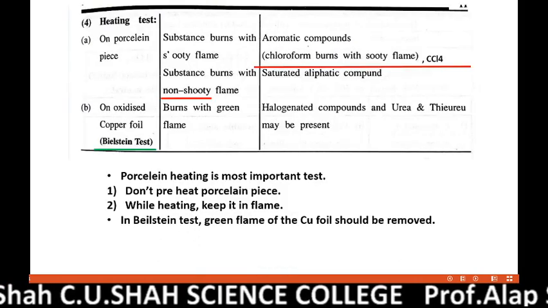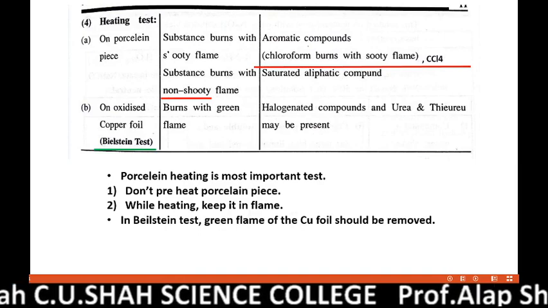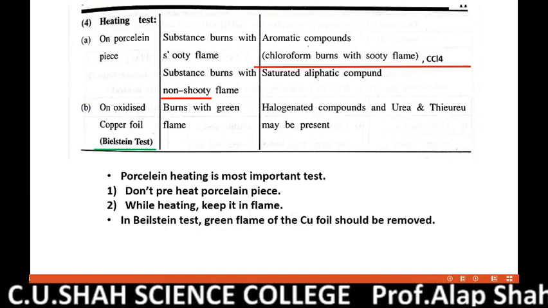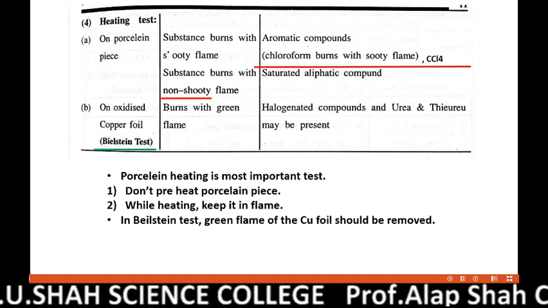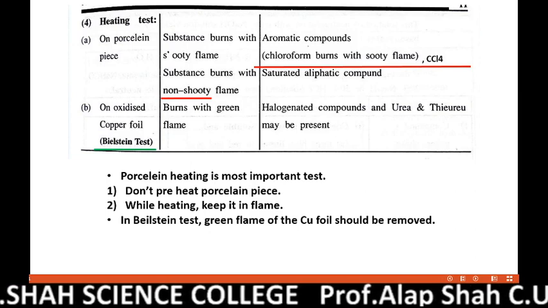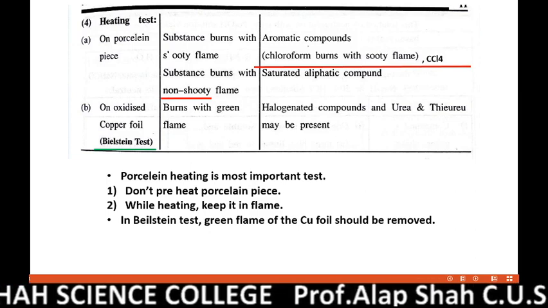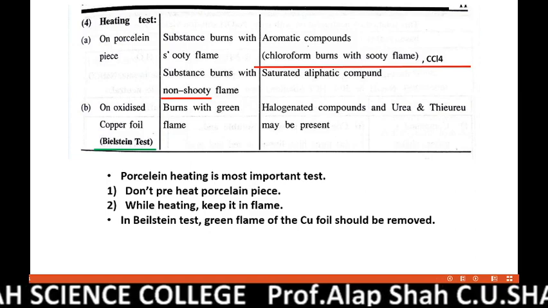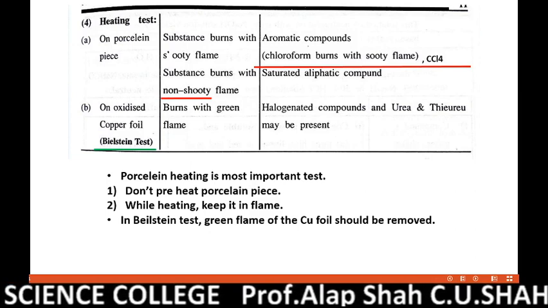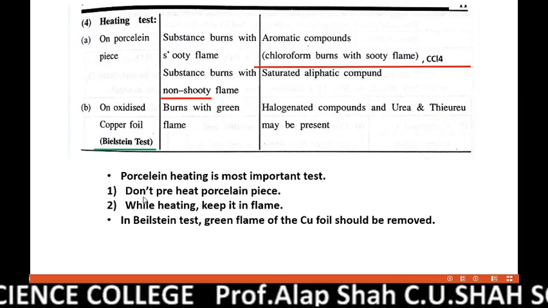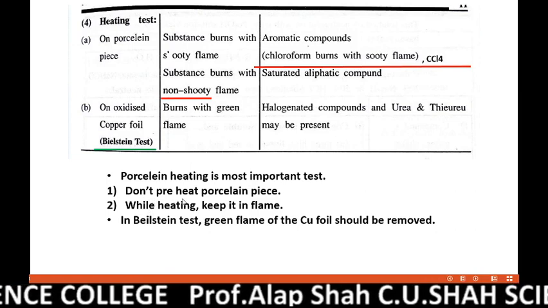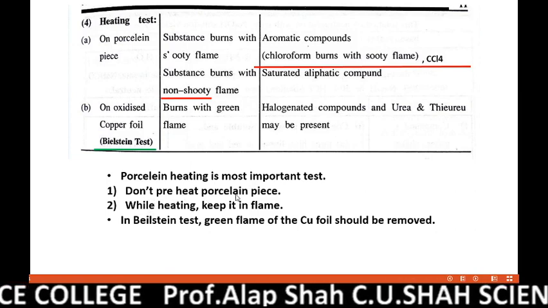If we move further, heating on a porcelain piece is a very important test in organic substances, where we heat the substance on a porcelain piece. There are certain very important points in this test. First, whenever you perform the porcelain heating, don't preheat the porcelain piece.